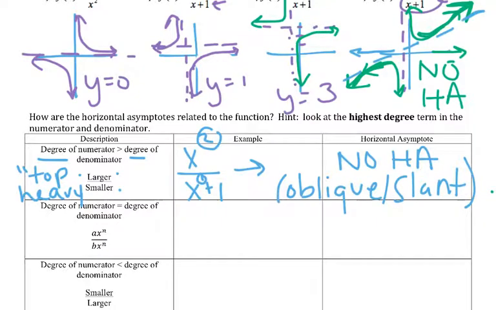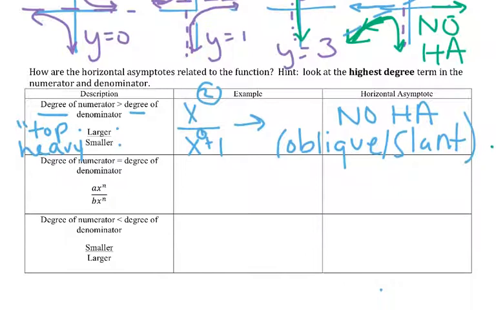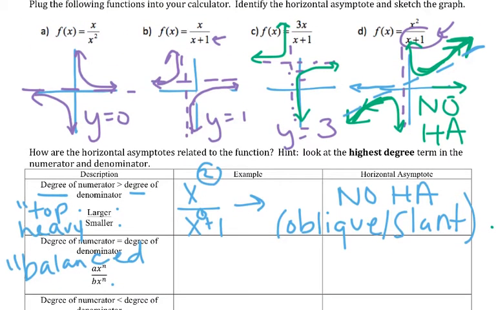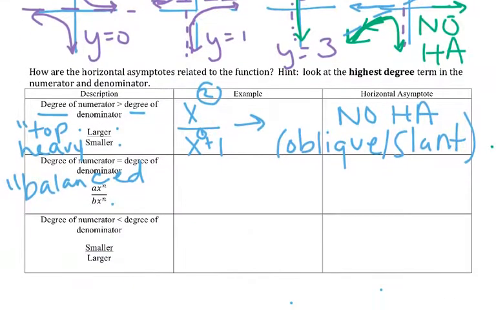That's a slant asymptote. Okay, coming back to this table, if the degree in the numerator is the same as the degree in the denominator, we call this balanced. So examples B and C up above were balanced because it was degree 1 over degree 1.